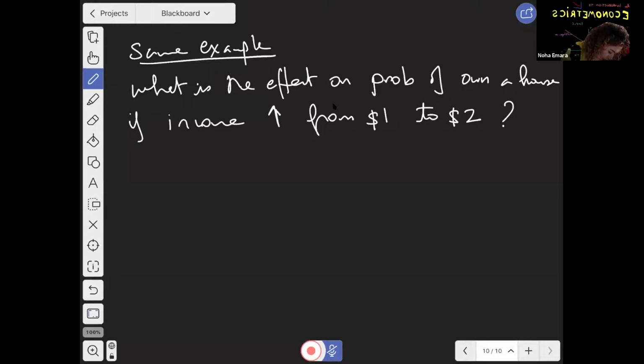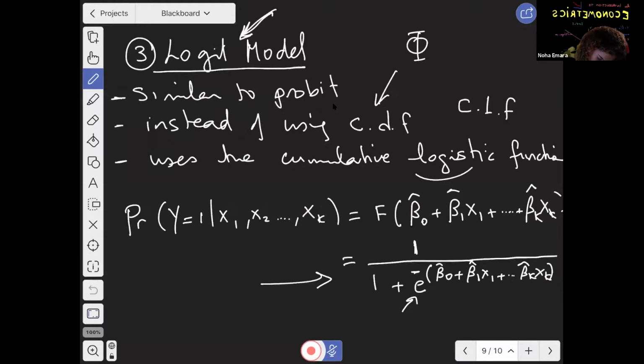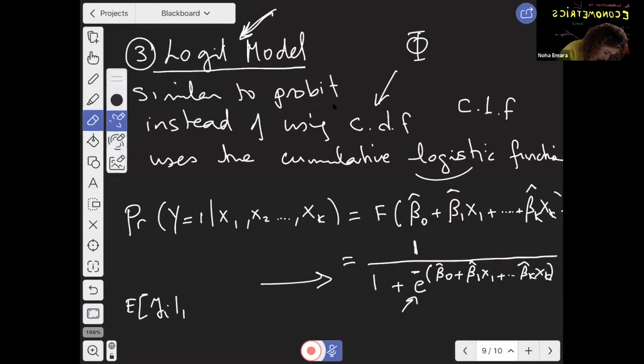Now, before I do that, I'm sorry, I should have written this in the previous slide. Let me go back here and write this here. So the expectation of yi being equal to 1 given xi is equal to, I have a probability and I have an outcome, right?